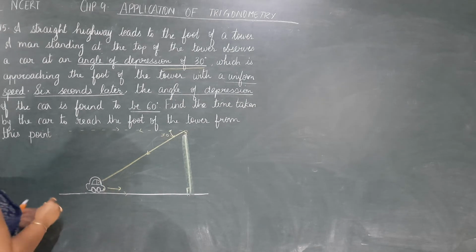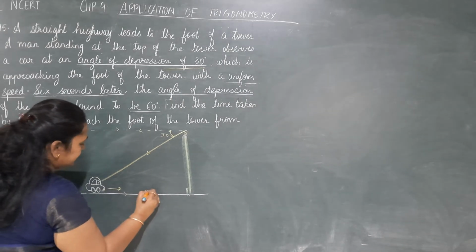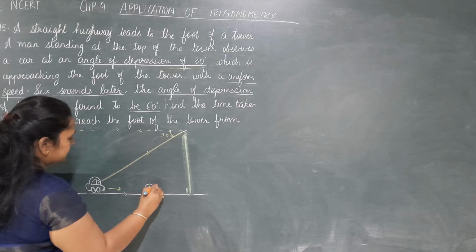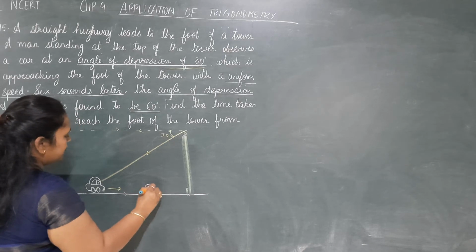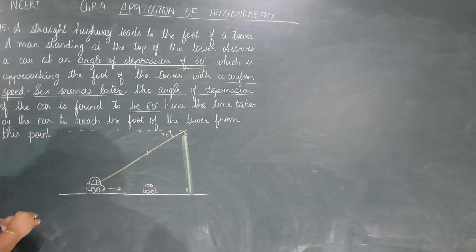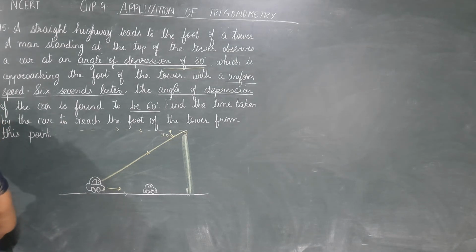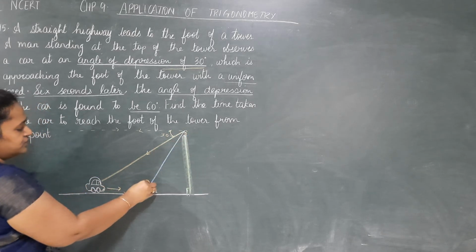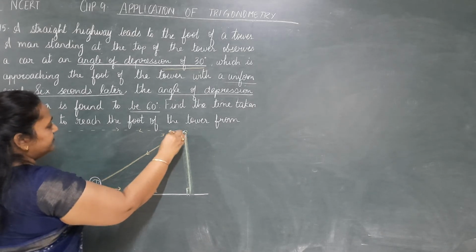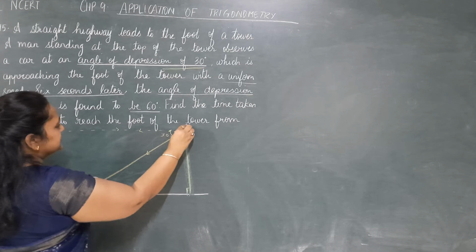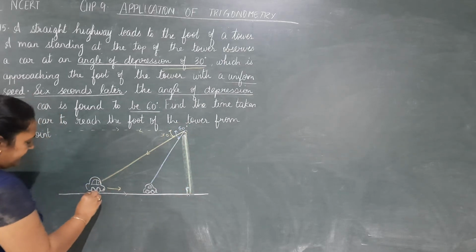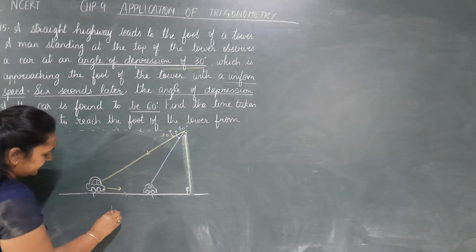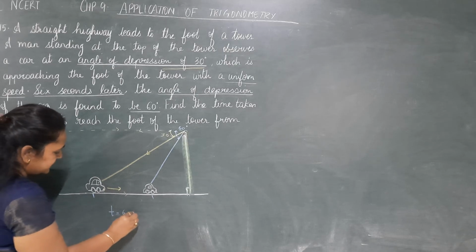6 seconds later, the car has reached a point where now what has happened? The angle of depression has changed. Now the angle of depression is 60 degrees. Initially it was 30. And this distance is travelled in a time of 6 seconds.